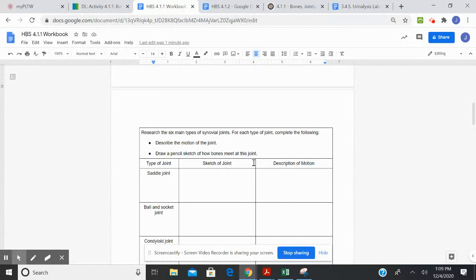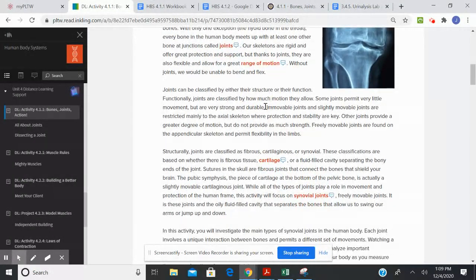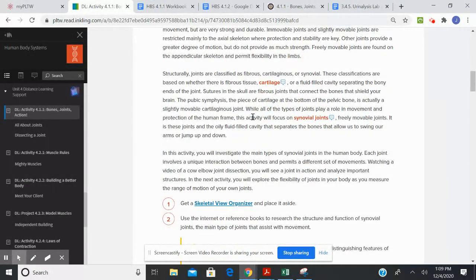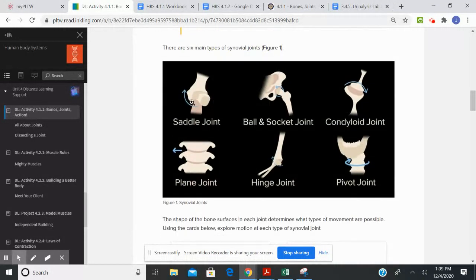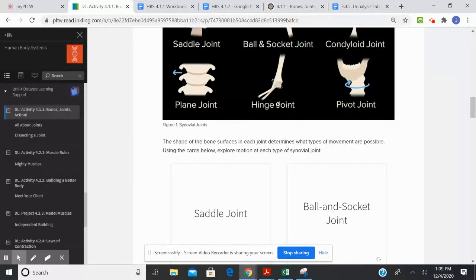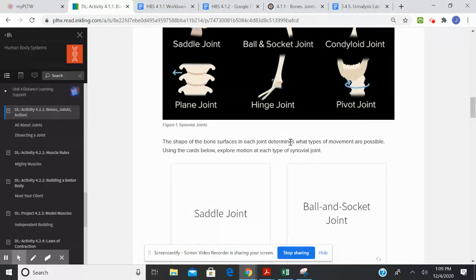And then you're going to research the 6 main types of synovial joints. So if you go into courses, read this information to fill out the first page. Now you have the 6 main types of synovial joints. Okay. And so you have saddle, ball and socket, condyloid, plane, hinge, and pivot joint.